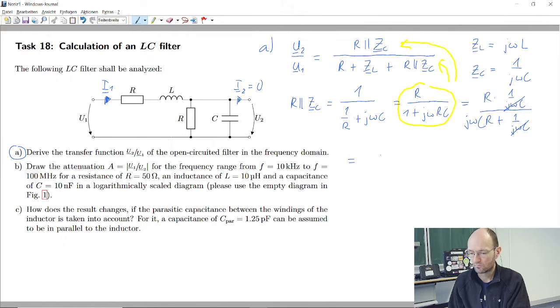So yeah, then we get R divided by 1 plus j omega RC, and a quite long fraction bar. And in the denominator, we have R plus j omega L plus the same expression as before, R divided by 1 plus j omega RC.